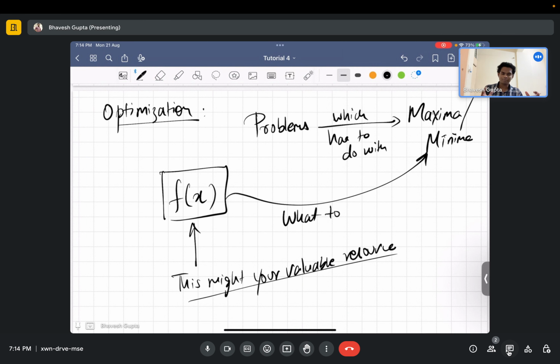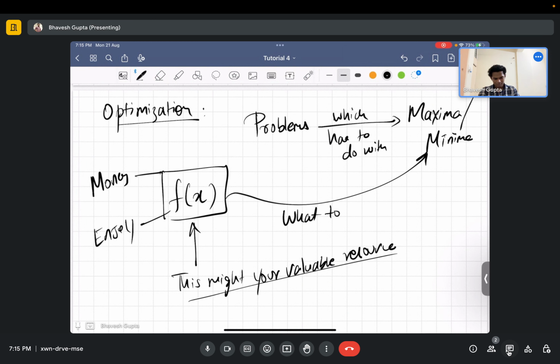So if you have a very valuable resource, for example money is a very valuable resource, right? And basically you want to understand how I should distribute my money in such a way that I have maximum enjoyment. So you can see over here you have two aspects. Here you have money, your enjoyment, let's say effort.